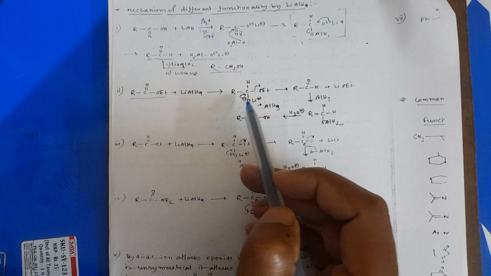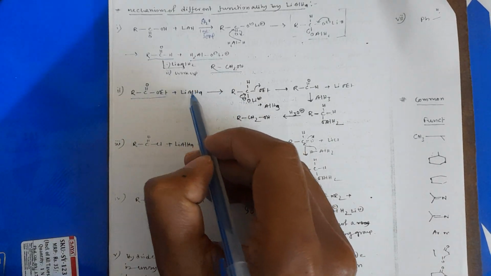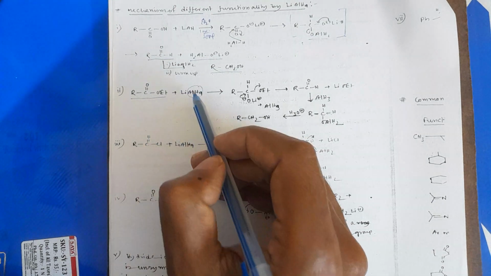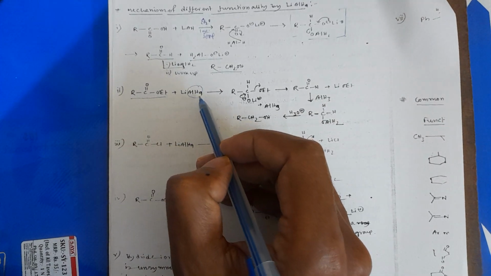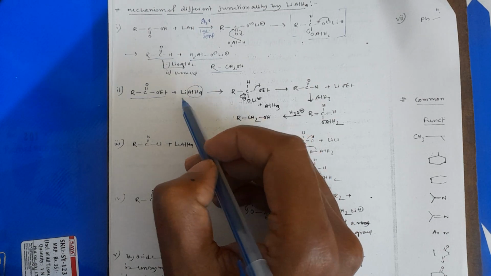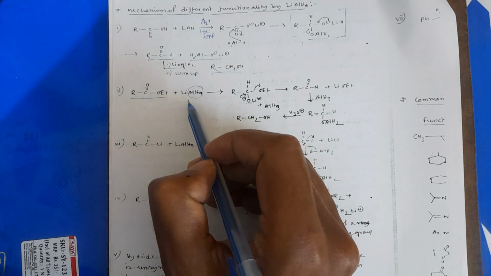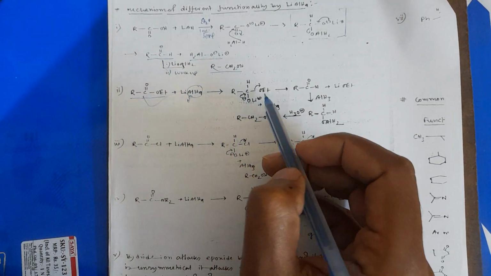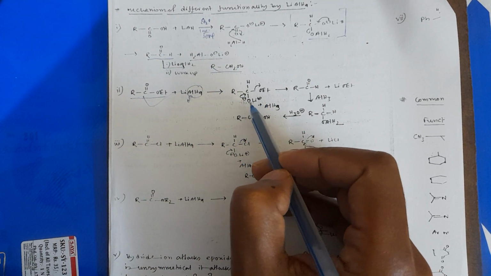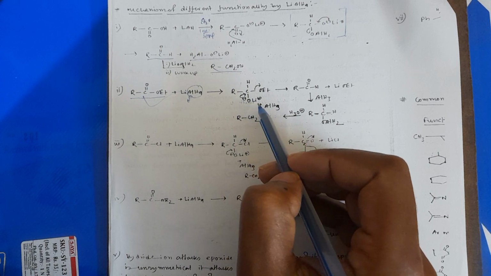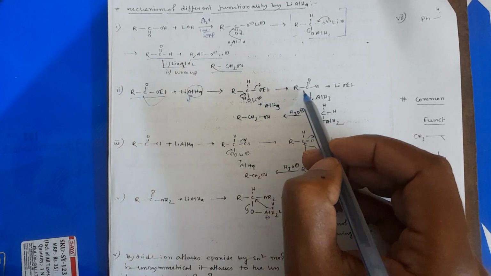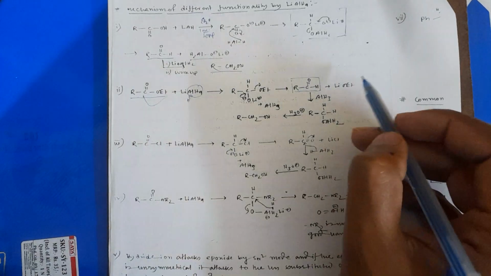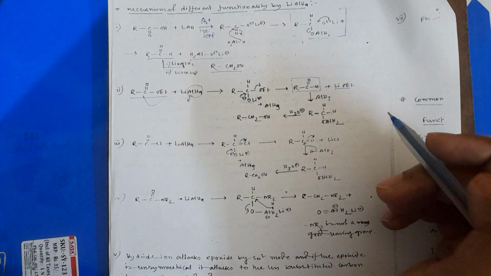In the mechanism you can see here, the anionic part of this lithium aluminum hydride provides the hydride, and that H minus will attack over here, and finally it provides this kind of intermediate, and as a result in the initial step it provides the aldehyde along with this byproduct.